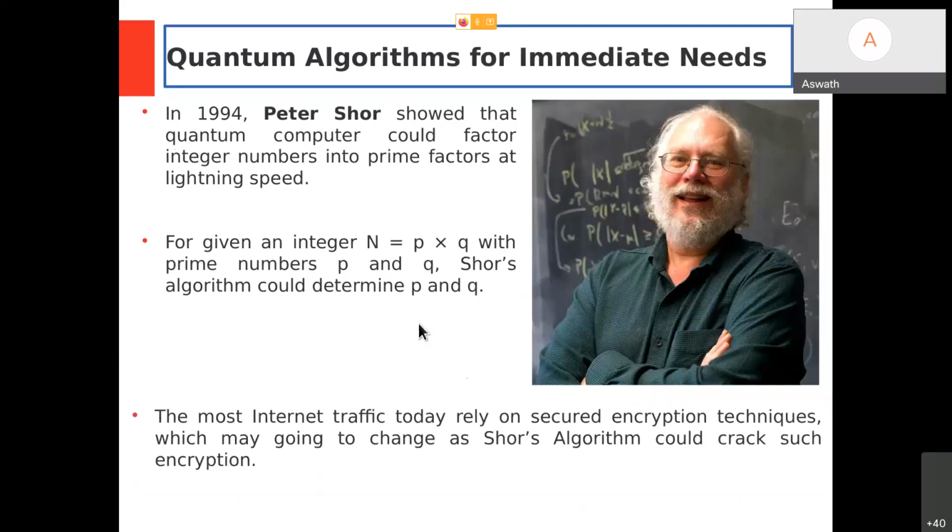Okay, next. There is an algorithm by Peter Shor in 1994. In fact, it is called the crown jewel of quantum computing. What it can do is factor a large integer into two prime factors. That's in fact very commendable. Why?